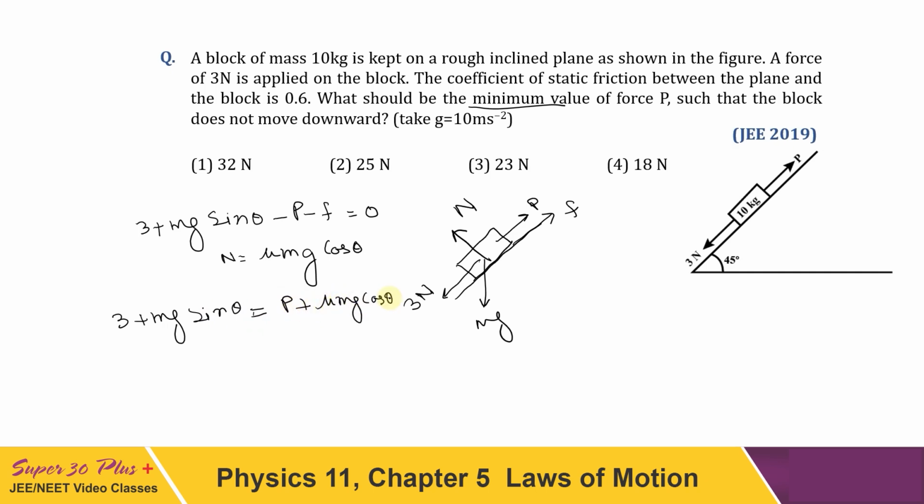If we substitute all the numerical values, we will get P is equal to 3 plus 100 upon root 2 minus 60 upon root 2, that is equal to 3 plus 40 upon root 2, which will give 32 Newton. So which option is correct? This is option number 1.